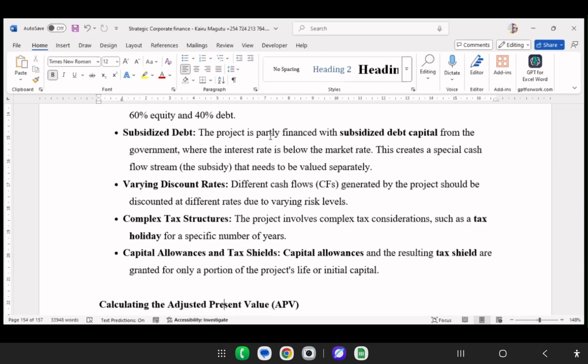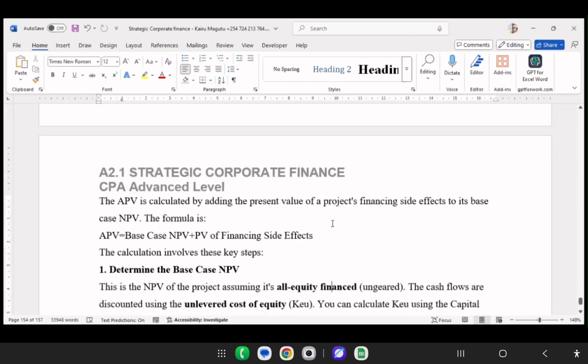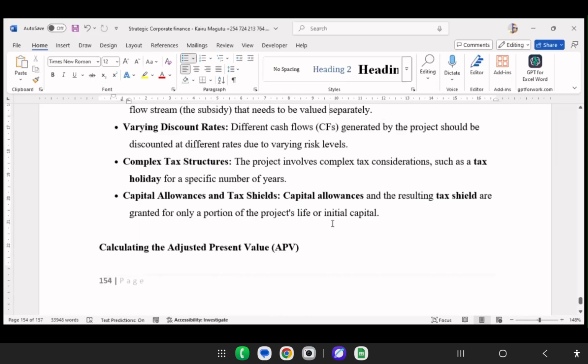In case the value of the asset is not fully provided with the capital allowance, maybe 80% will be allowed and 20% will not, then it means you cannot use the conventional net present value approach. So these are the circumstances in which the adjusted present value will be preferable to the conventional NPV.